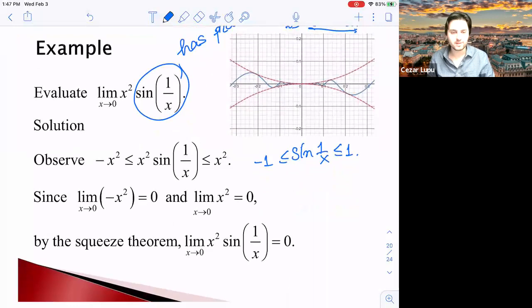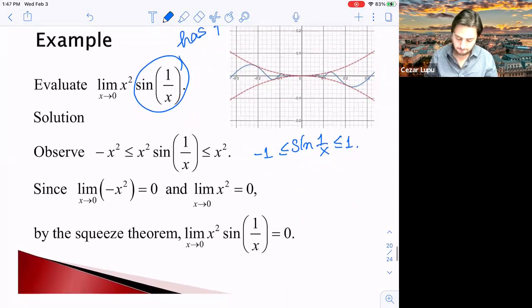And once I do this, good things happen. So the limit, both limits, you see, let me draw a picture again. See, negative x squared is less or equal than x squared sine of 1 over x less than x squared.